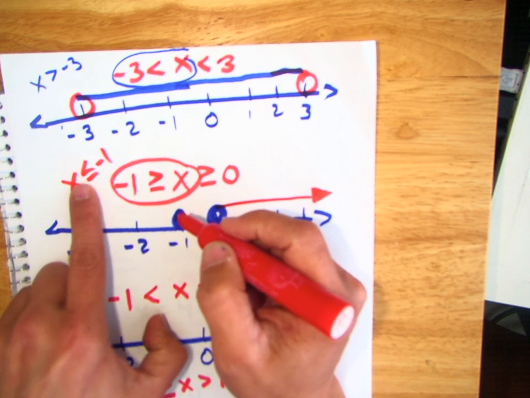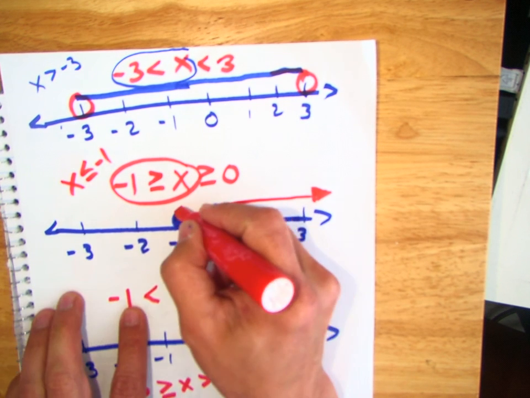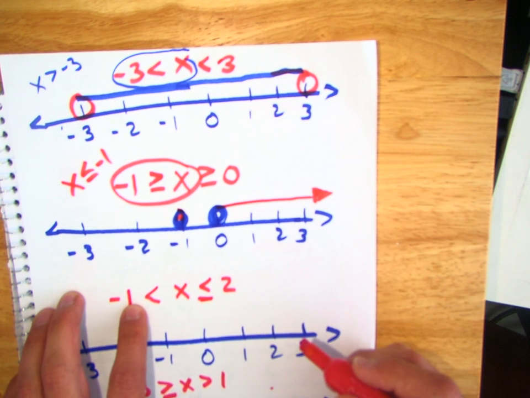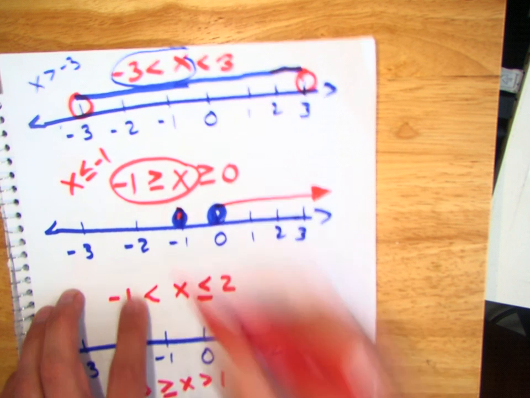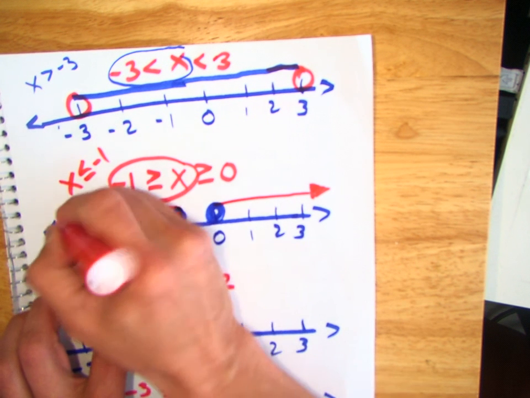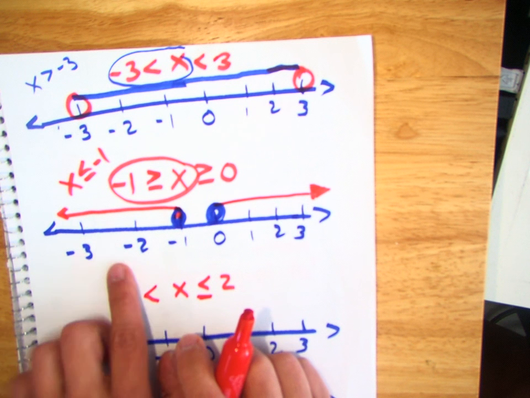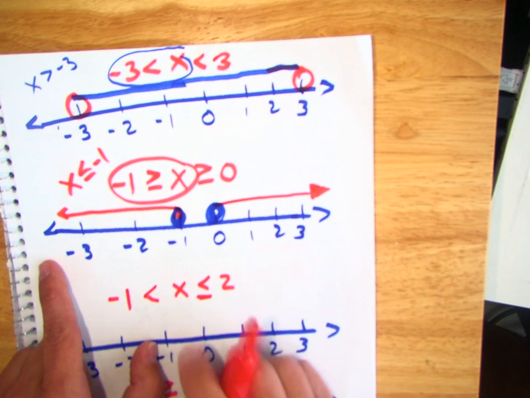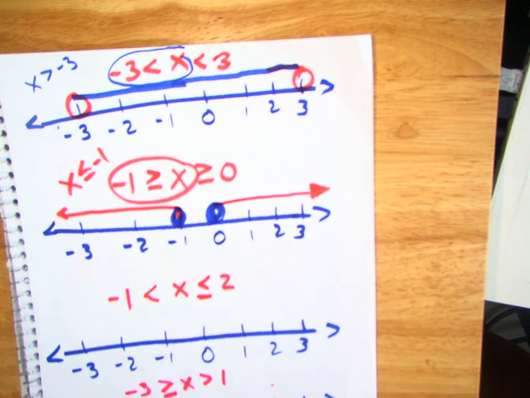So all the numbers that are less than -1. What numbers are less? These numbers are less. Yeah, but it's a 3? No, it's a -3. The further you go out, the smaller it gets.